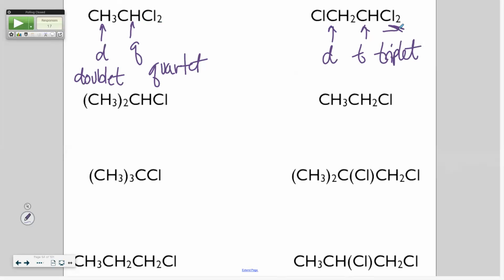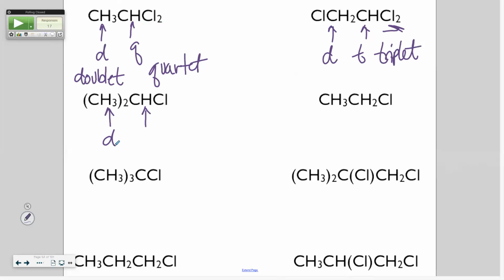Okay, now let's go down to this one. How many kinds of hydrogens are in the next one? 2. This one and that one. How many neighbors do the methyls have? 1, so you should get a doublet. How many does the 1 hydrogen have? 6. So what are we going to get?